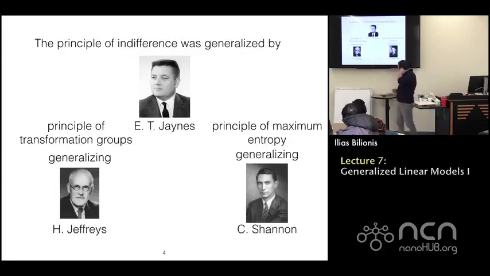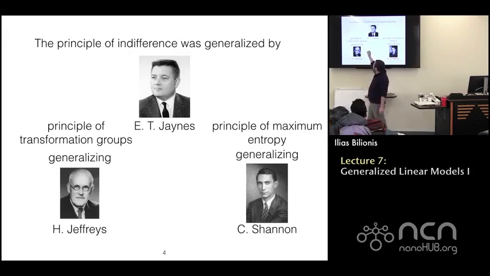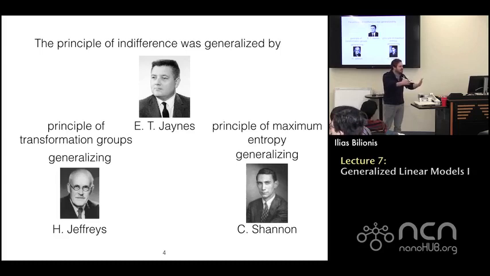And then we talked about generalizations of the principle of insufficient reason. One of them is the principle of transformation groups, where you want to pick a distribution that's as uniform as possible as long as it satisfies the physical invariances, the symmetries of the problem. Okay, so that gives you the principle of transformation groups.